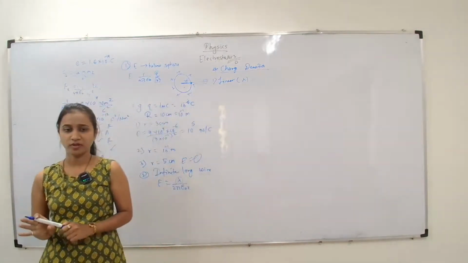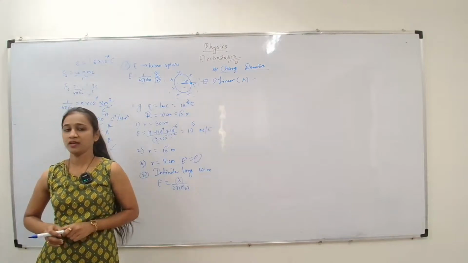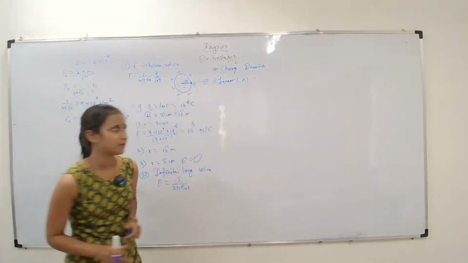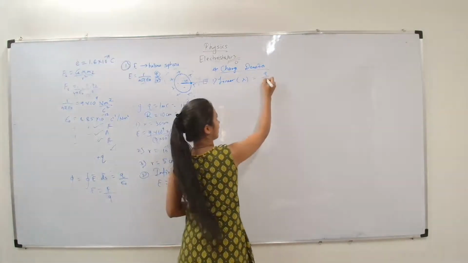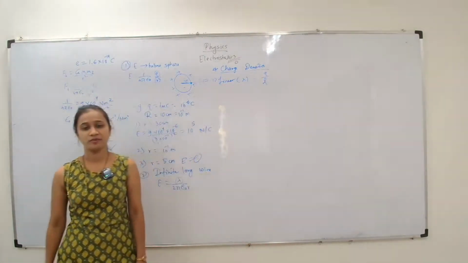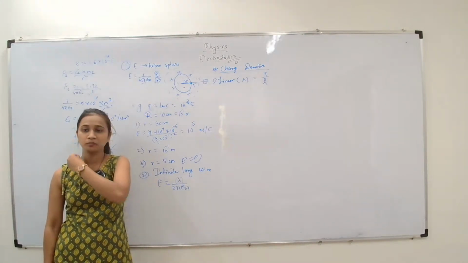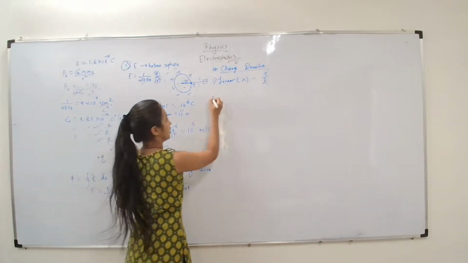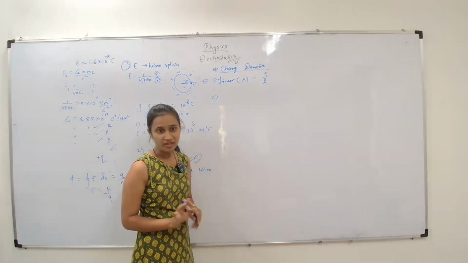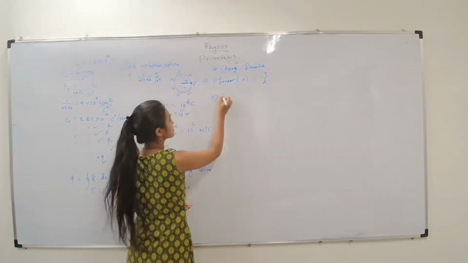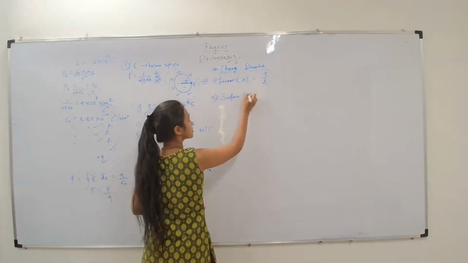Tell me the formula for density. Density formula is mass upon volume. Here mass becomes charge, and volume becomes length. So lambda is q upon l, charge per unit length. Unit is coulomb per meter. Second one, if the charges are distributed on the surface area, then it is surface charge density, denoted by sigma.